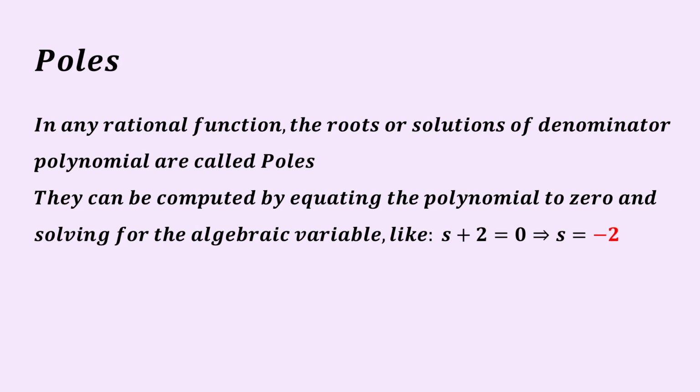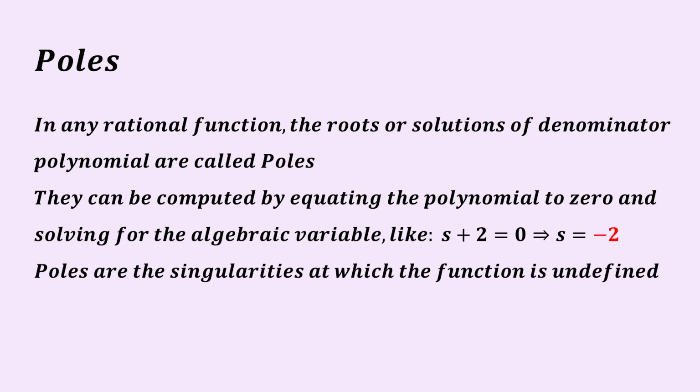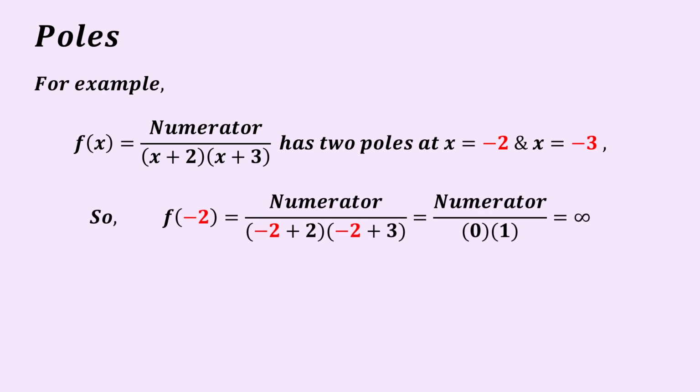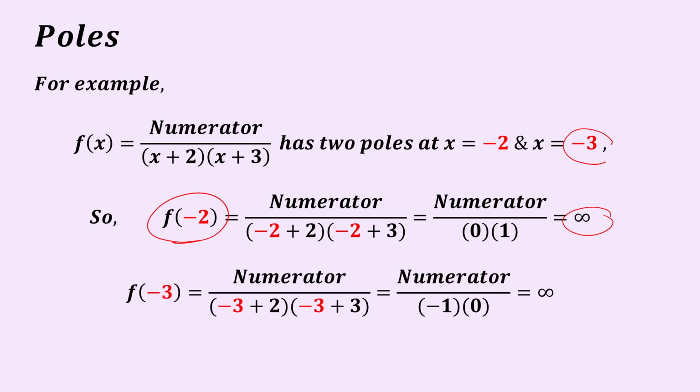Poles are actually singularities of a system which make the function undefined. As we can see in this example, the pole value minus 2 makes this function f(x) infinity, and similarly the second pole minus 3 makes this function f(x) infinity too. So these two poles are actually making this function undefined.